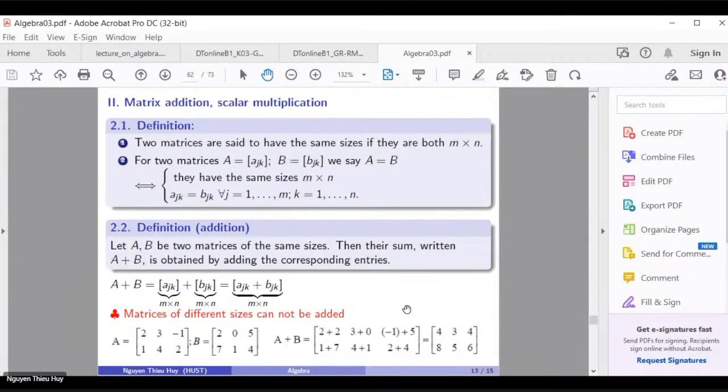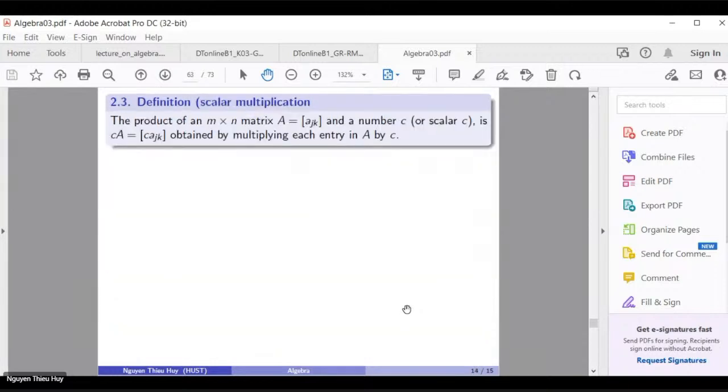But now we go to an even easier operation, which is scalar multiplication. Scalar multiplication means that we multiply an m by n matrix A, with entries a_jk, by a number c. Normally we call a number a scalar, so the multiplication here is called scalar multiplication.